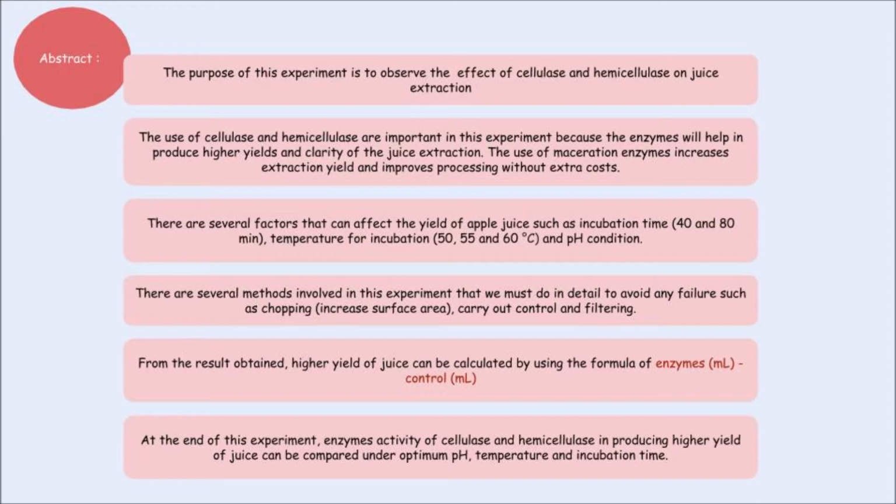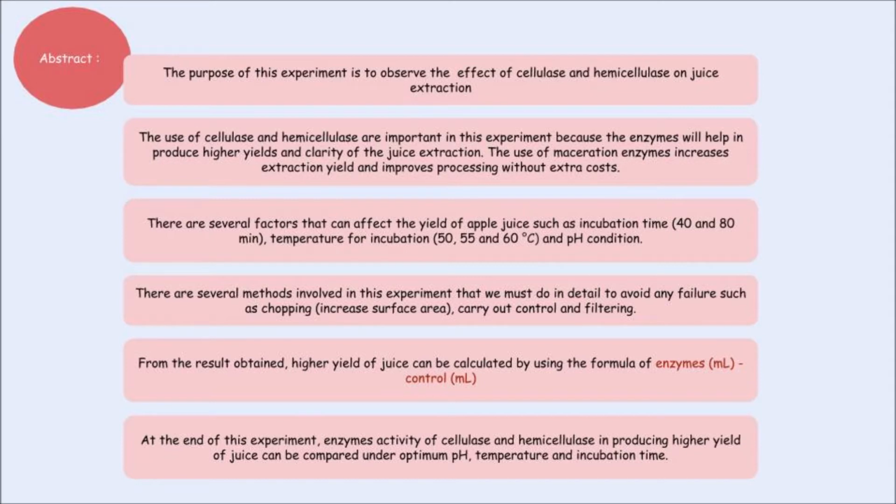cost. Apart from the types of enzymes, there are also several factors that can affect the yield of apple juice, such as incubation time, which are 40 and 80 minutes, temperature for incubation, which are 50, 55, and 60 degrees Celsius, and lastly the pH condition. In terms of procedure, we must do it in detail to avoid any failure, such as chopping to increase the surface area, carrying out control, and filtering.